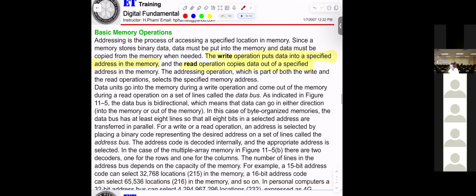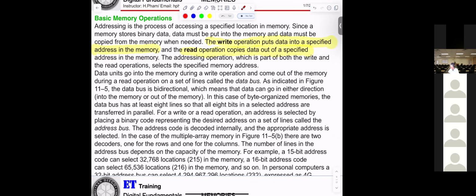Basic memory operation. Addressing is the process of accessing a specified location in memory. Since a memory stores binary data, data must be put into the memory and data must be copied from the memory when needed.